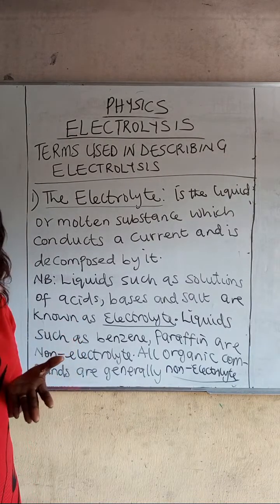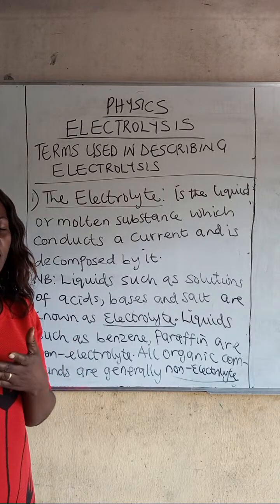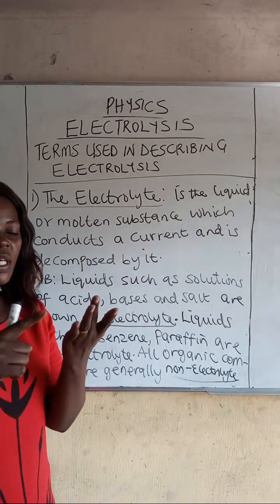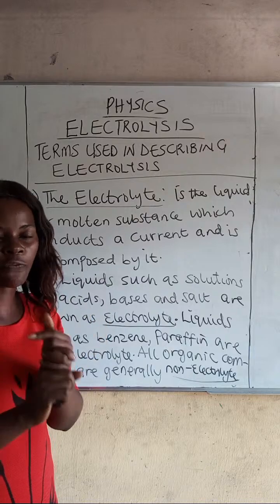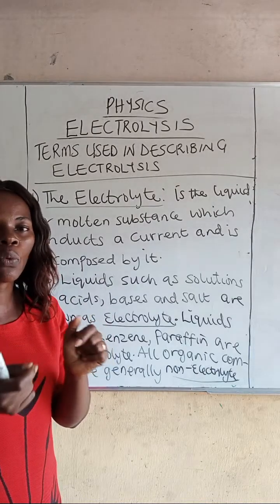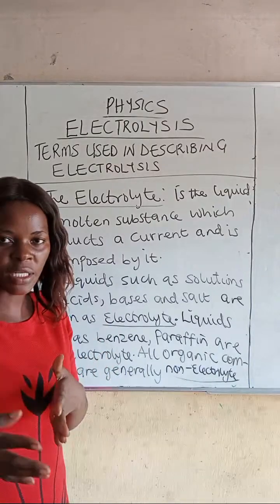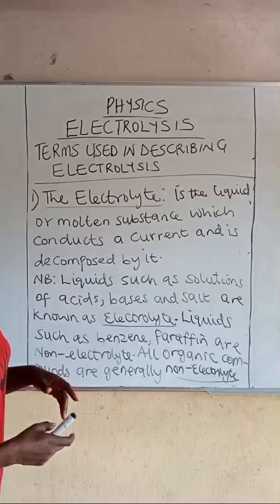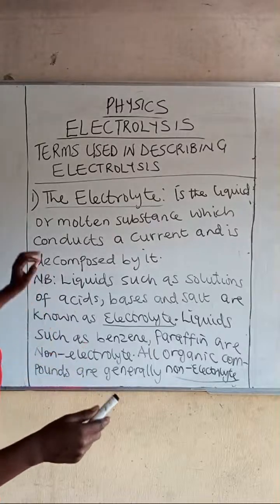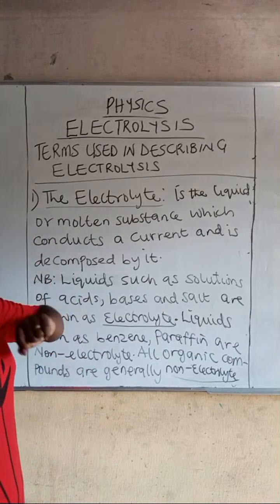It must be a liquid or molten. For a substance to be an electrolyte, it must be either a liquid or be in molten form. And molten form means semi-liquid. It's not liquid, it's not solid. And it must conduct a current and decompose in the process.